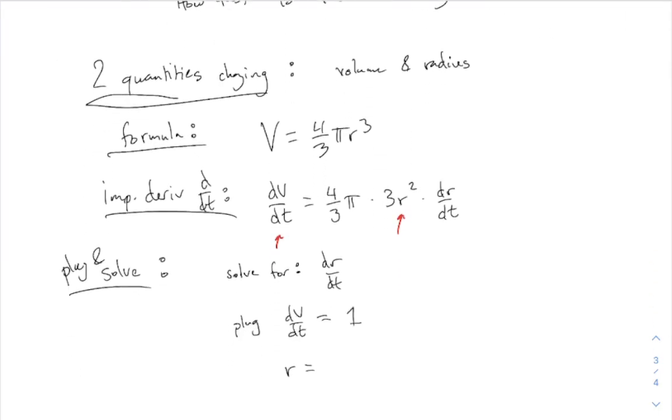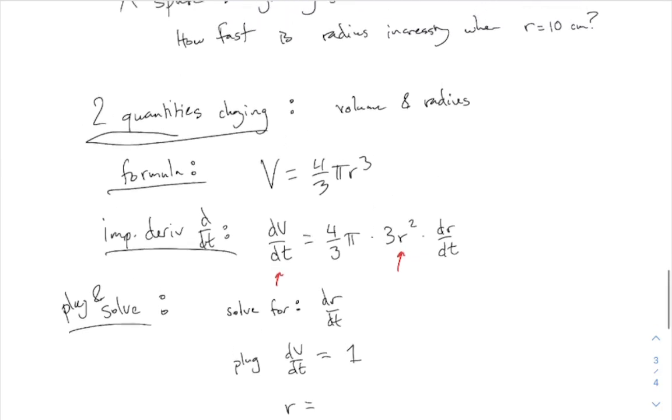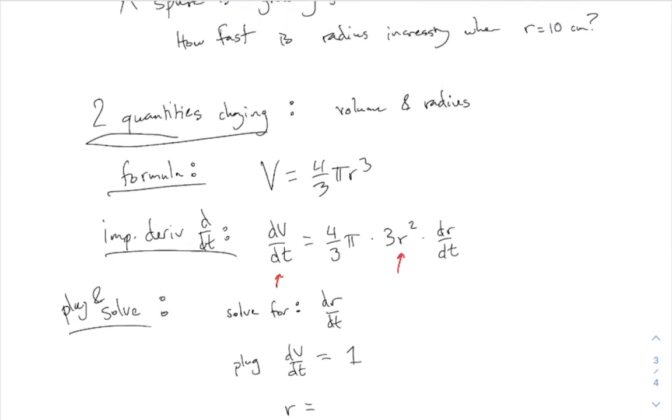So this is just 1. And then r is the precise radius at the point at which I'm answering the question. The question is how fast is the radius increasing when r equals 10. So I use r equals 10 centimeters.